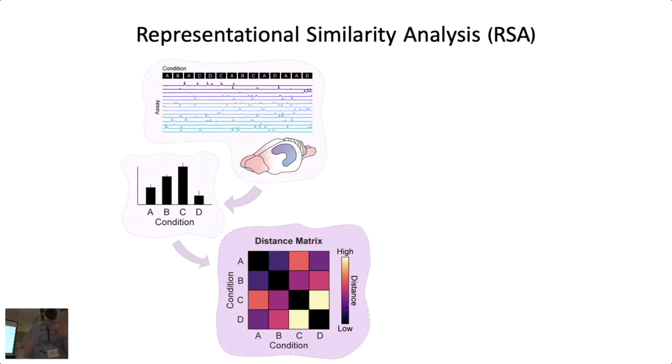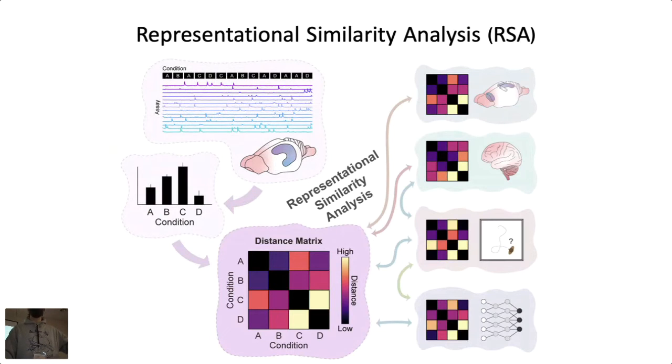And the reason why we're interested in doing this is because we can compare this representational similarity or distance matrix to the same sort of distance matrix in the same conditions with other types of assays or other brain areas, other organisms, or a model system.